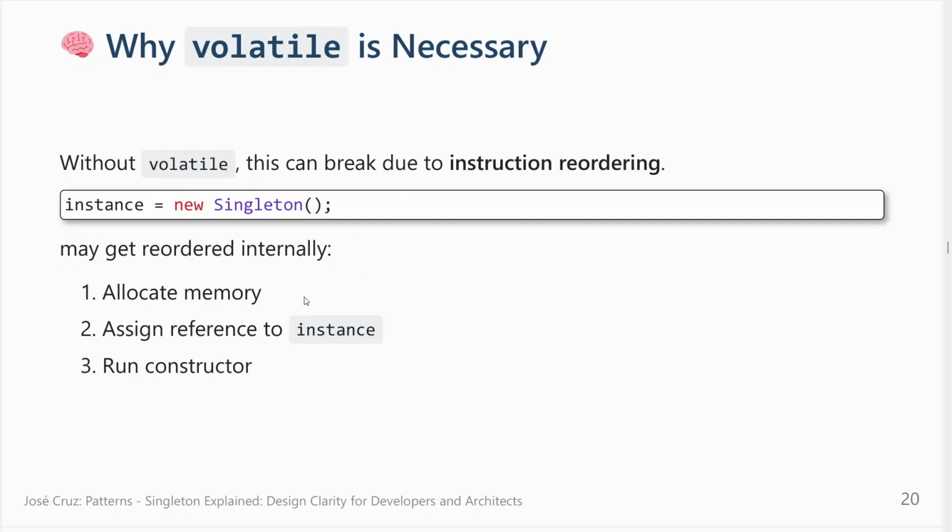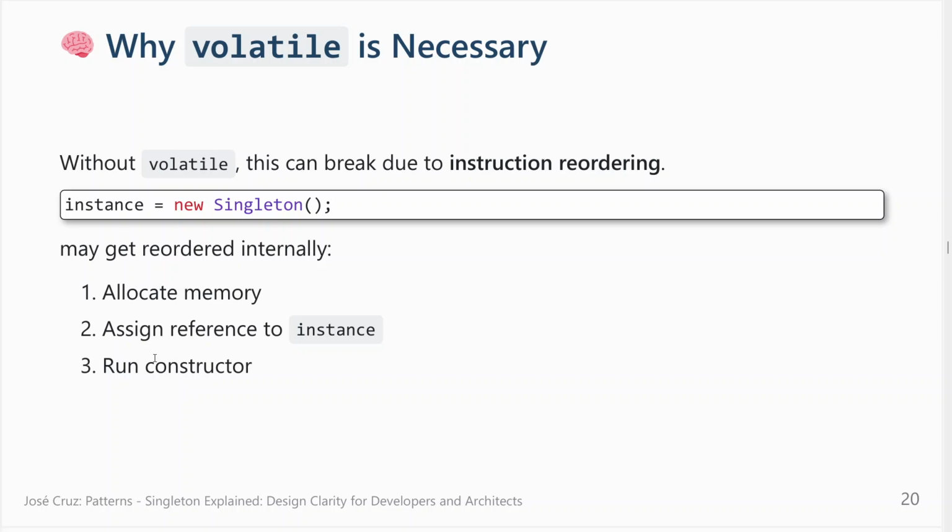Remember what's happening here: allocate, assign, run. There are 3 things, and one thread can be on step 1, another on step 2, and more threads on step 1, and you don't know which one will go next. So you can have several of them allocate memory, but you want to make sure that only one then assigns. You don't want the second thread to assign the same thing, because they are different, as if this row has 3 rows here.